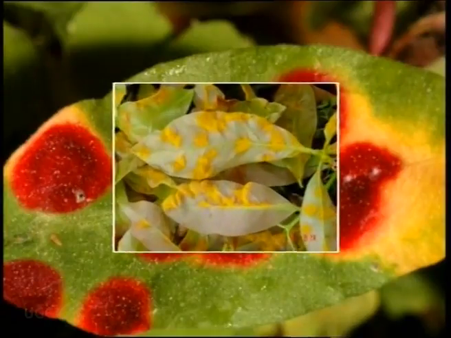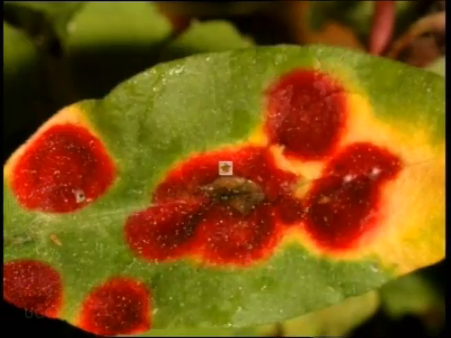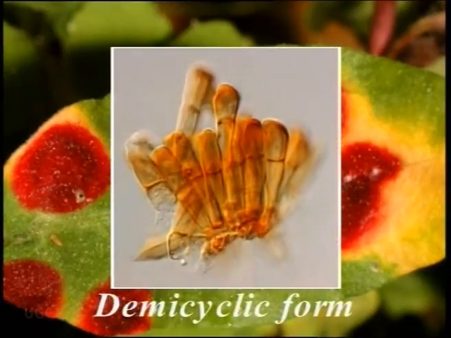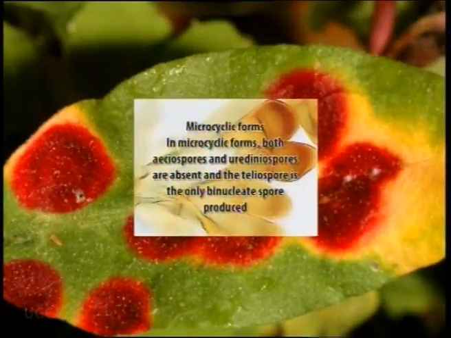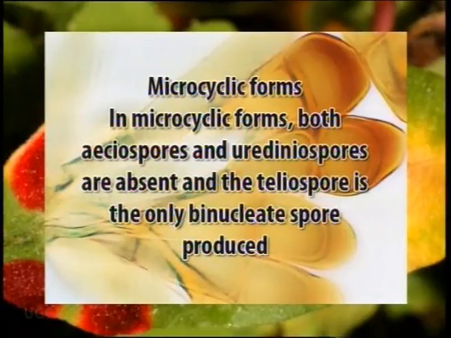Macrocyclic forms typically exhibit all the 5 reproductive stages, while demicyclic forms lack a uredinial stage. In microcyclic forms, both aeciospores and urediniospores are absent, and the teliospore is the only binucleate spore produced.